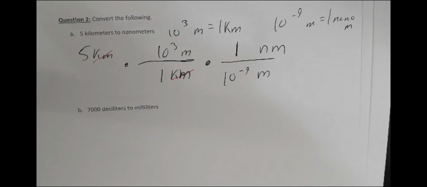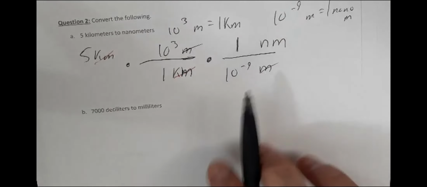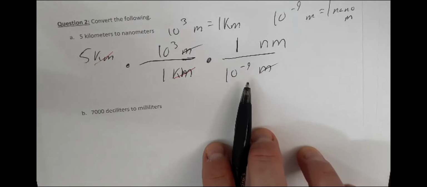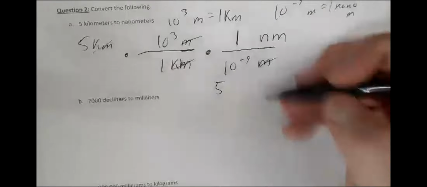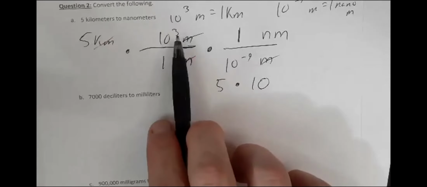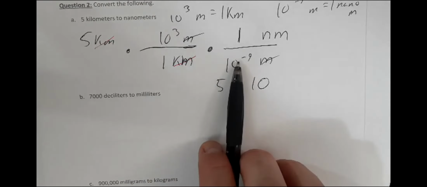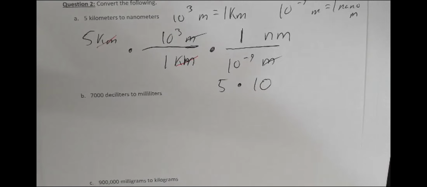So there are a few ways you can do this. But I have 5 times 10 to the 3rd, and then I'm also dividing that by 10 to the minus 9th. Basically I have 5, and then I'm multiplying by things that are powers of 10. This is like 3 minus a minus 9 that I'm doing to get this power.